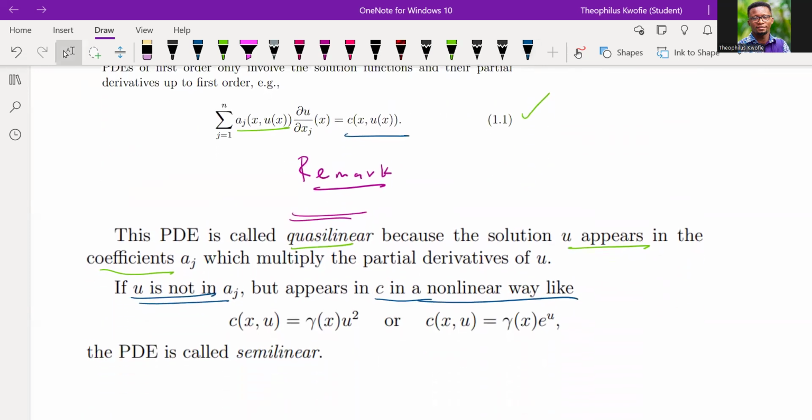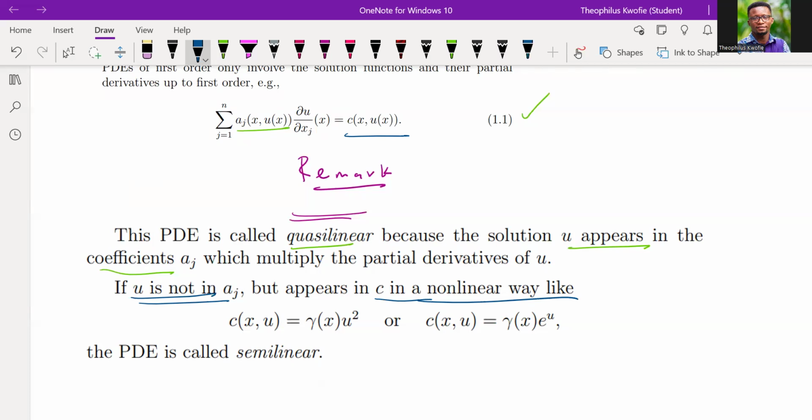If it just so happens that U does not appear in AJ, but this time around it appears in C in a nonlinear way. What do you mean by nonlinear way? U to the power 2 becomes nonlinear, okay? That's a quadratic. U to the power 3, U to the power 4, U to the power 5, U to the power 6, and all of that. U to some powers becomes nonlinear.